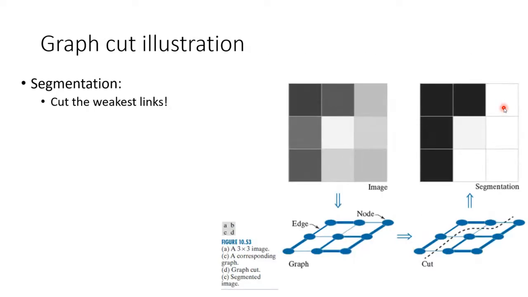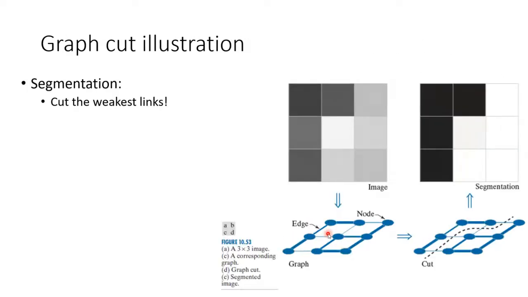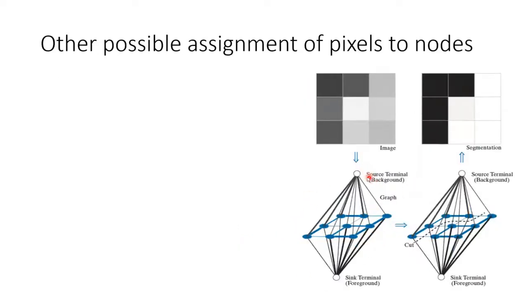So the actual algorithm works with two other concepts. It's not only based on what we explained here, on this connectivity of pixels connected into graphs, but it is also based on having two other nodes in these graphs.